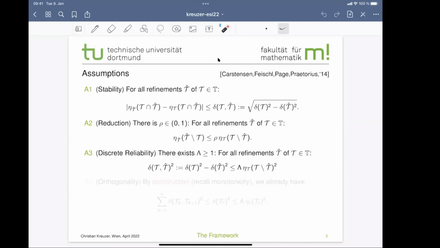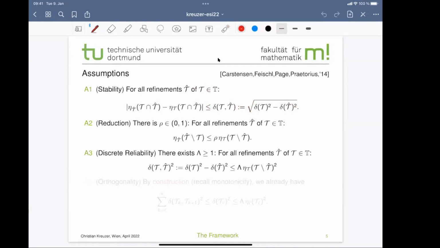So the first one, A1, is the stability, which means that the error estimator, the error indicators on the intersection of T and its refinement, so that are the non-refined elements, can be bounded by the error. The error here is measured as a square root, this is a definition: the square root of the error on the coarse mesh minus the error on the fine mesh.